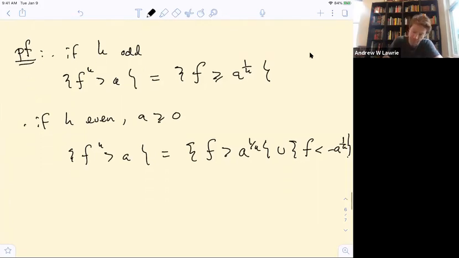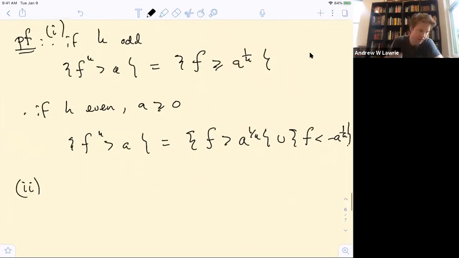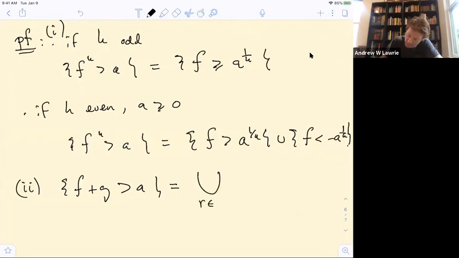And 2, the set where f plus g is bigger than a, this is slightly trickier. I can write this as the union over r in Q of the set where f is bigger than a minus r, intersect the set where g is bigger than r.